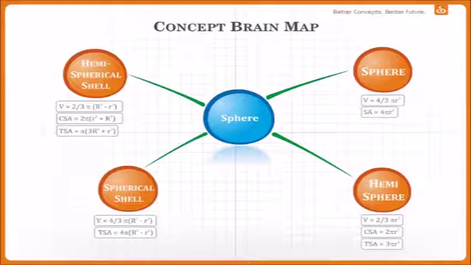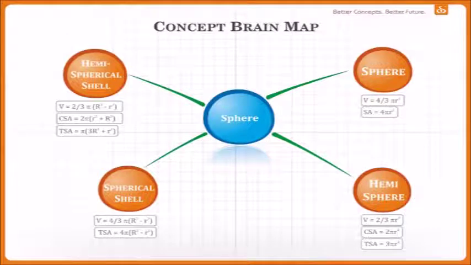For a spherical shell, we have the volume as 4 upon 3 pi into capital R cube minus small r cube, where capital R and small r are the external and the internal radii of the two spheres respectively. We have the total surface area as 4 pi into capital R square minus small r square.